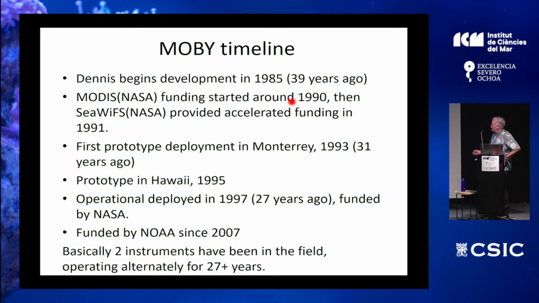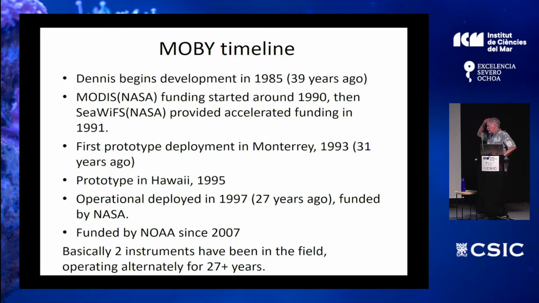This is when he really started getting money. CWIFS, another NASA program, gave us more money in '91. It was deployed off California, '93, first time in Hawaii, and then it's been in Hawaii since 1997, collecting data constantly. And initially it was funded by NASA, then it was funded by NOAA since 2007.